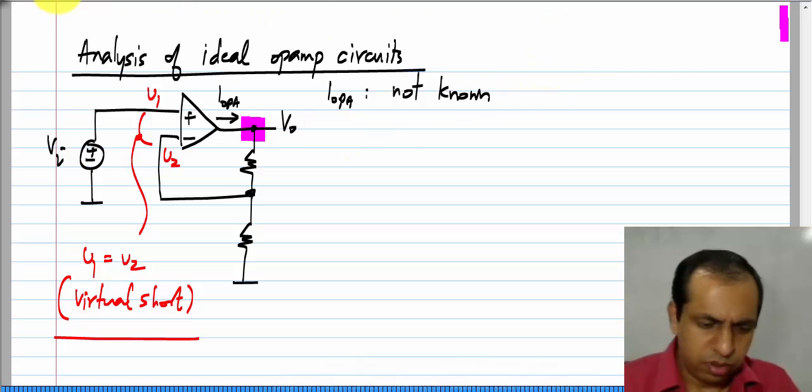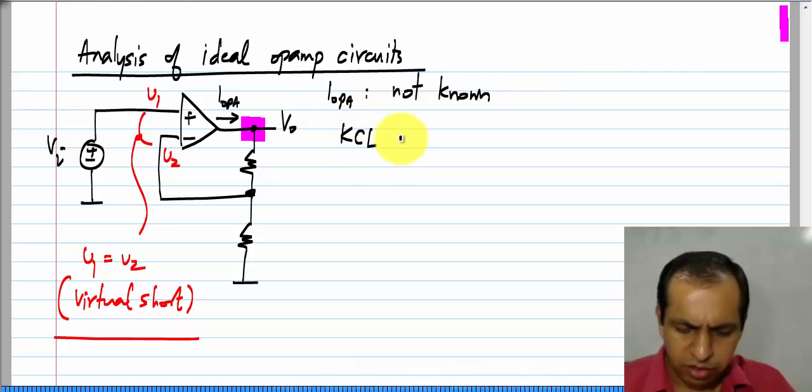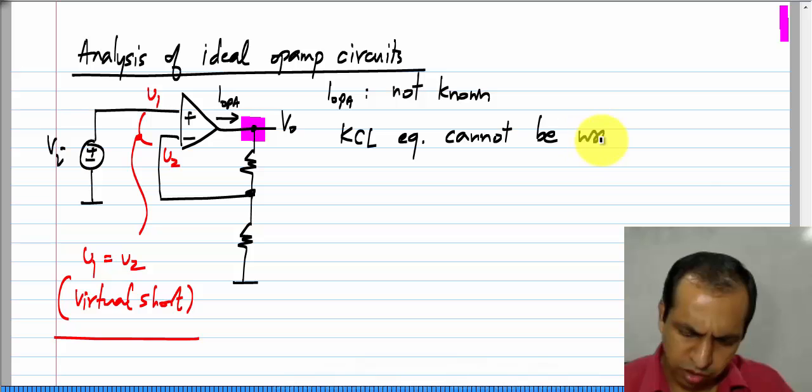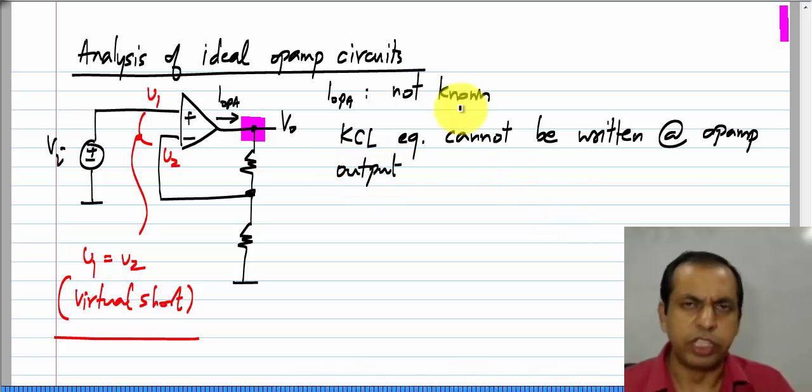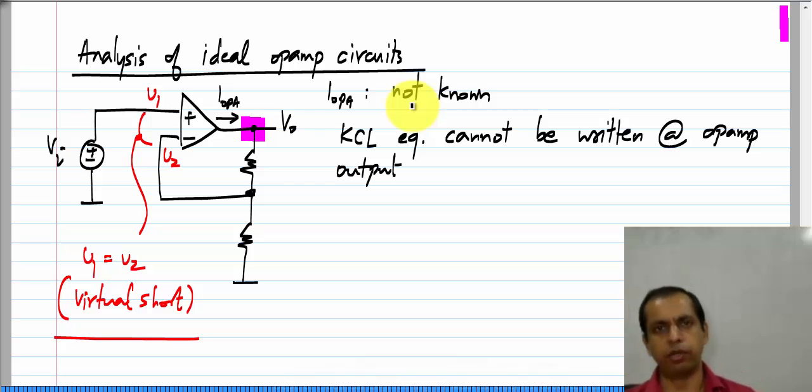So, bottom line is, KCL equation cannot be written at op amp output. So, for each op amp, so far we have been considering only circuits with a single op amp. If you have multiple op amps, the principle is the same.